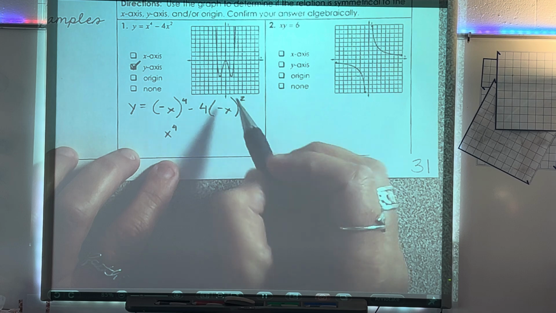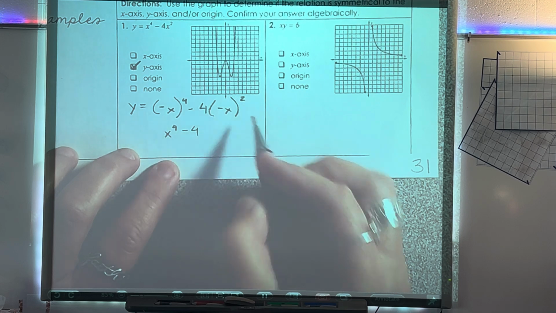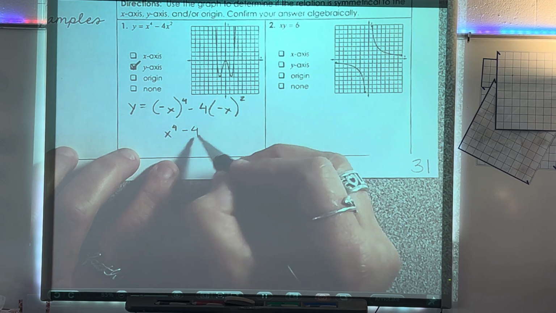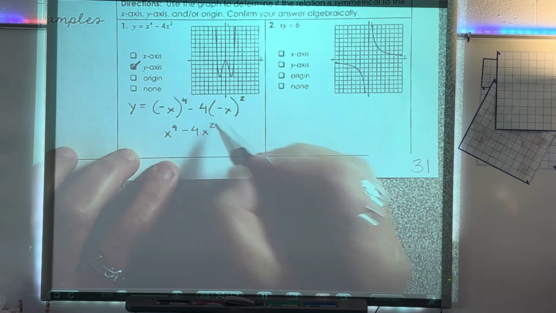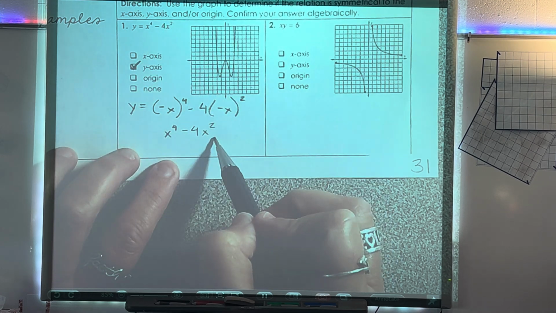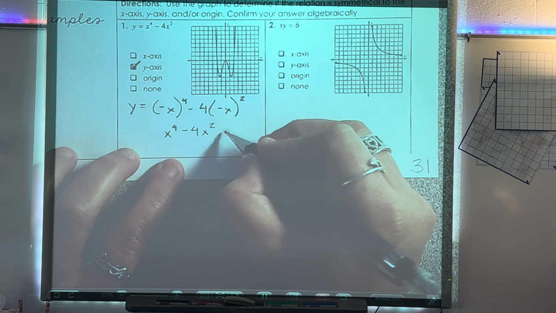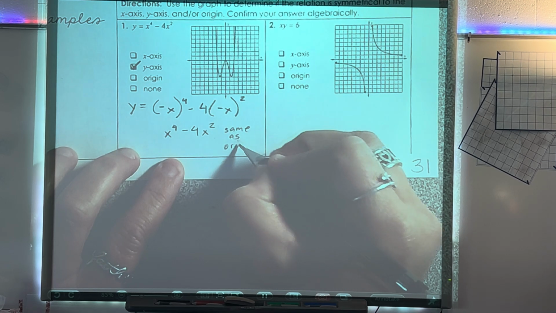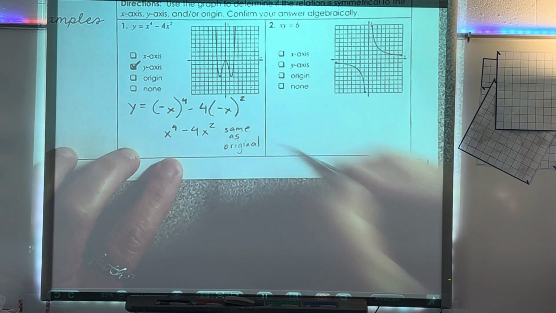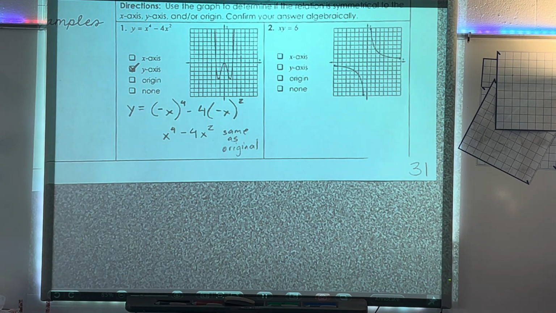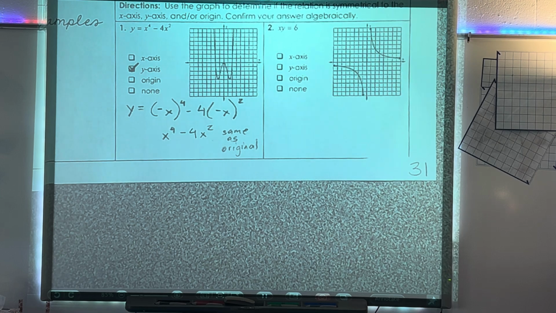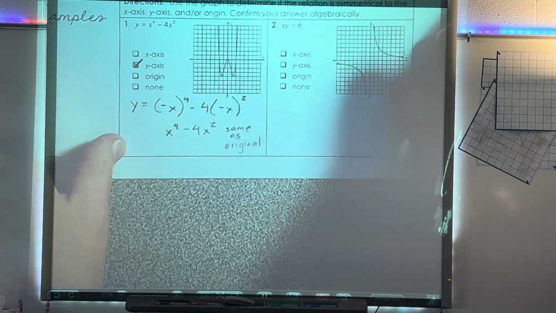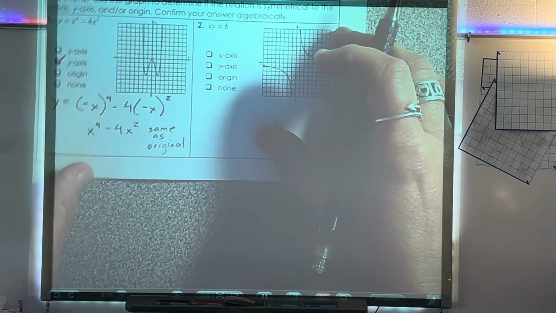This minus 4 still stays, and this becomes a positive x squared. So if you notice, this is the same as the original. And if it's the same as the original, then it's a y-axis. Are y'all okay there? All right. That axis is true in this case because it was a y-axis we were checking.